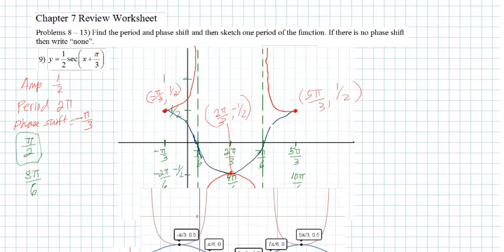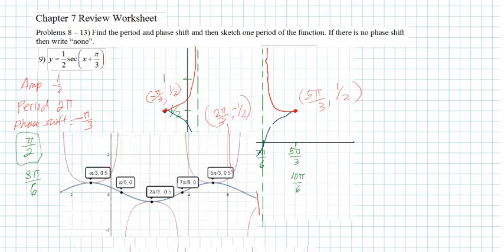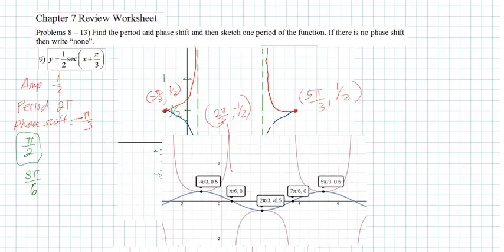So let me try to bring back my graph. So check this one, negative pi over 3, 1/2 right there. Check this one. Oh, this is this one right here. This one is 2 pi over 3, negative 1/2, and then this one is 5 pi over 3, 1/2. So yeah, we're in good shape.